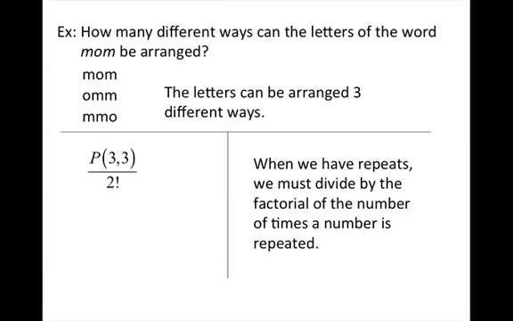If the M had been repeated 5 times, I would have divided by 5 factorial. That's taking out the example of where I just switched the M's and end up with the same word. So we saw that the permutation of 3 choose 3 was 6, and I know 2 factorial is 2, and when I divide the 6 by 2, I do get the 3, and that's the same as the 3 arrangements we found above.